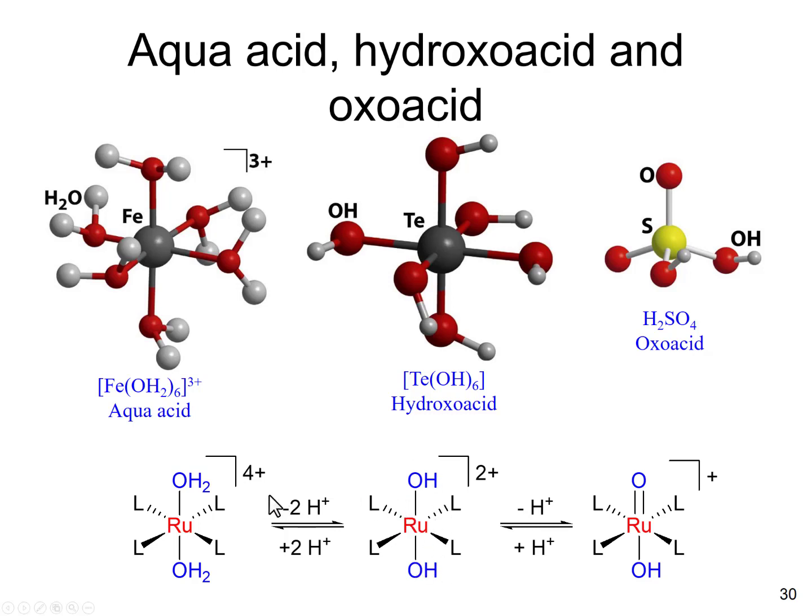But of course, you have converted now 2 neutral ligands here into 2 anionic ligands. So the overall charge obviously will drop to 2+. And so by removal of 1 additional proton, you actually end up with a ruthenium complex, which has only 1 positive charge left. So here you have essentially an oxo acid, hydroxo acid, and an aqua acid.